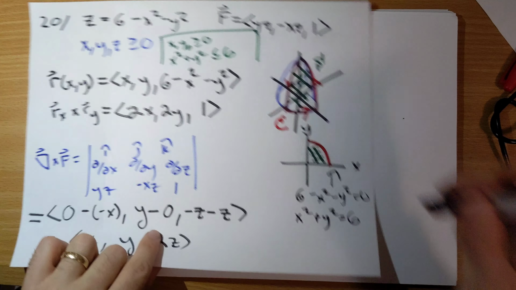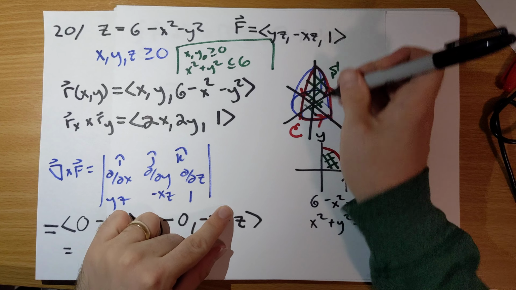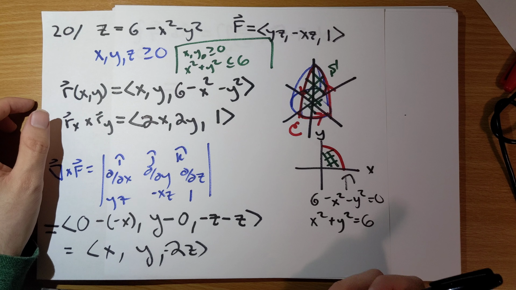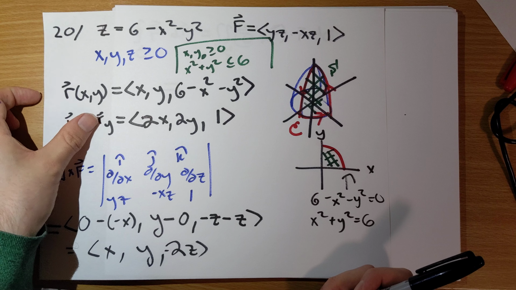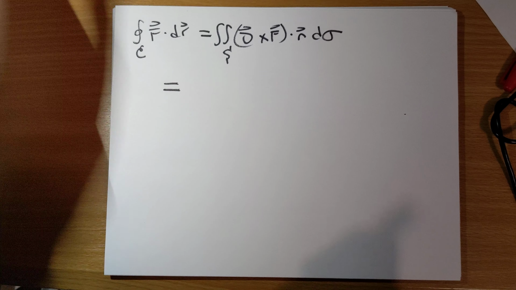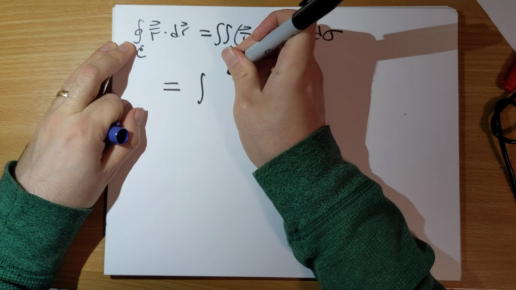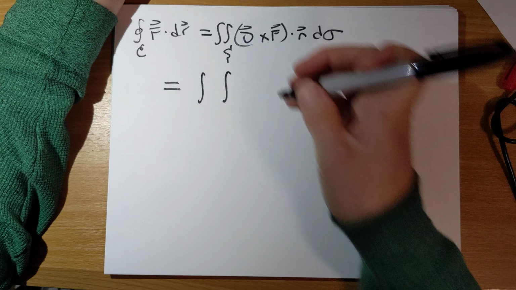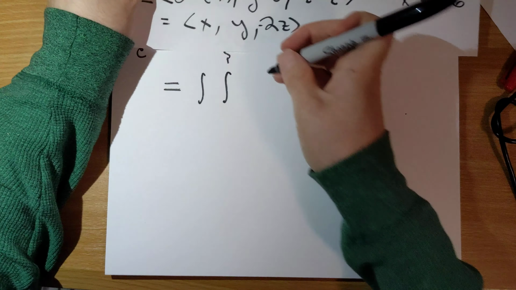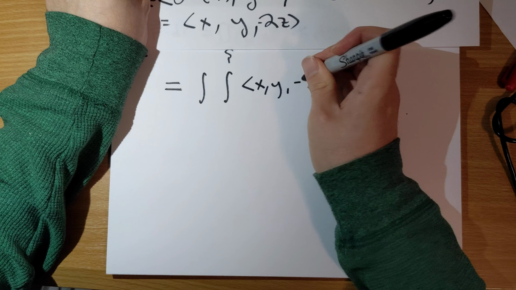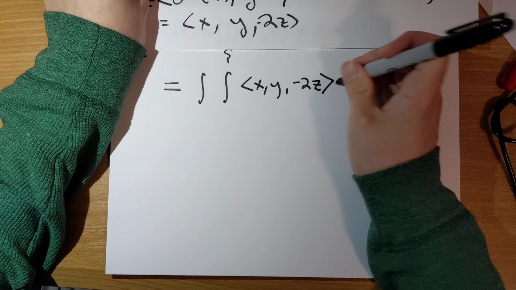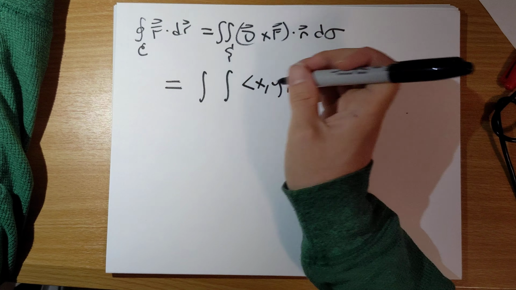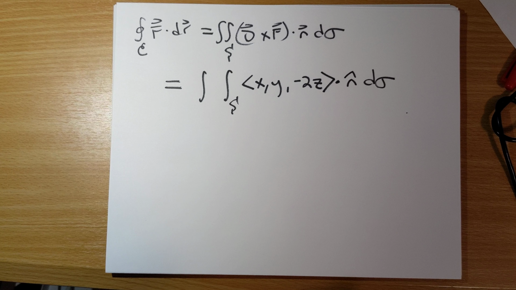Okay, so let's not do 1, 2, 3 separate vector line integrals. Let's do a single surface integral instead. And this is going to give us the curl of F, which is right here, x, y, negative 2z, dot product with the normal vector d sigma over S here.